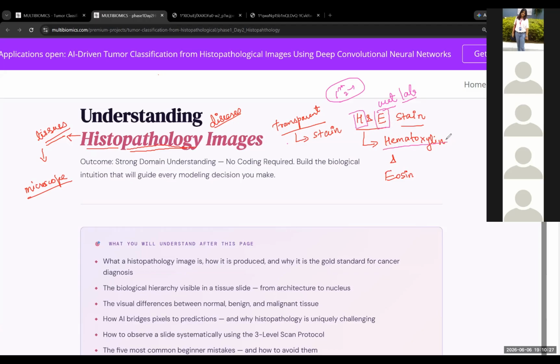The first is hematoxylin, which is blue or purple, and eosin we usually perceive as pink, but it can sometimes be red also. The word eosin is mostly related to red color, but since it's diluted we perceive it as pink.